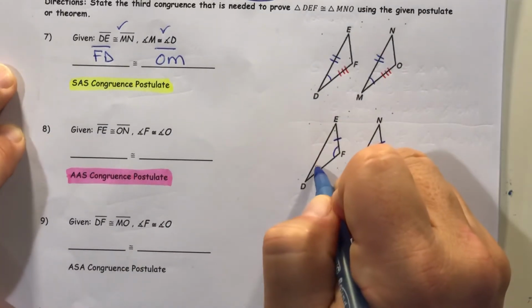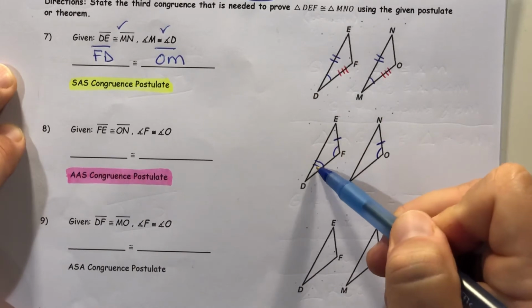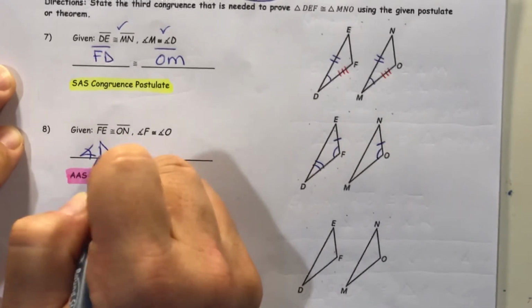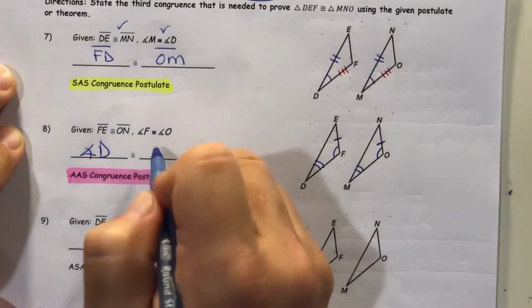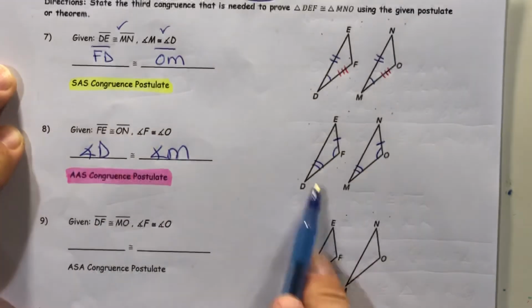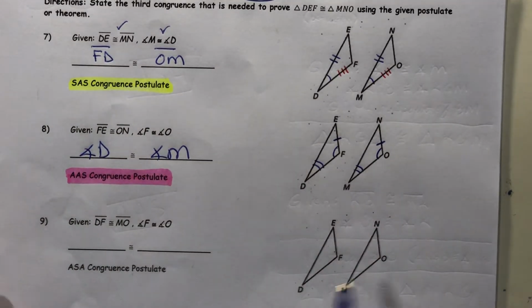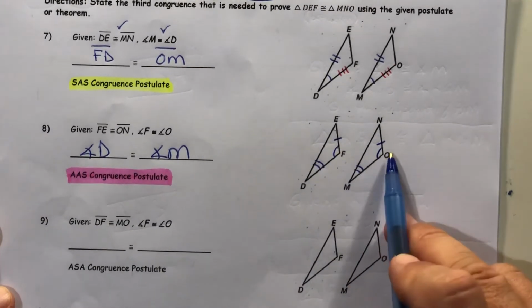So what I'm going to do is I'm going to choose angle D because now I'll have angle, angle, then the side. So now, what would angle D be congruent to? Well, I'm going to match that up with angle M. So angles D and M would be the additional information I would need in order to figure out that triangle DEF is congruent to triangle MNO.